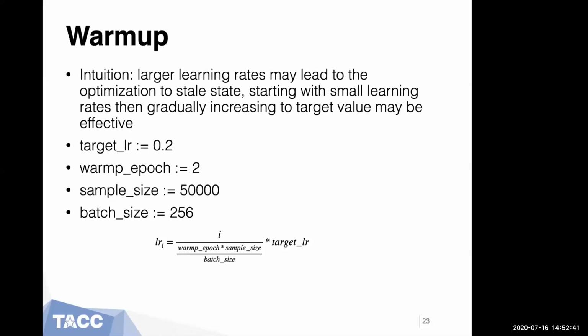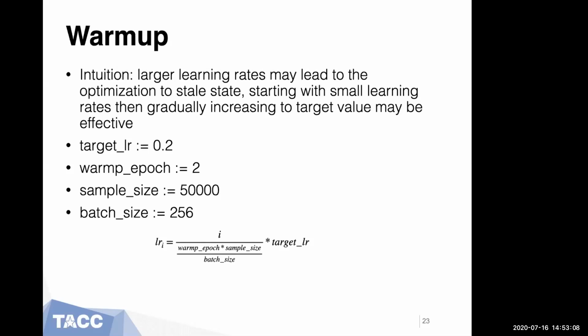And then we try the next thing, which is warm up. The intuition, just read it again: larger learning rates may lead the optimization to stale states. Starting with small learning rates, then gradually increasing to the target value may be effective. So the target learning rate here is 0.2, and we are warming it up for 2 epochs. The sample size is 50,000, batch size 256. For each iteration, the learning rate can be computed in this way.